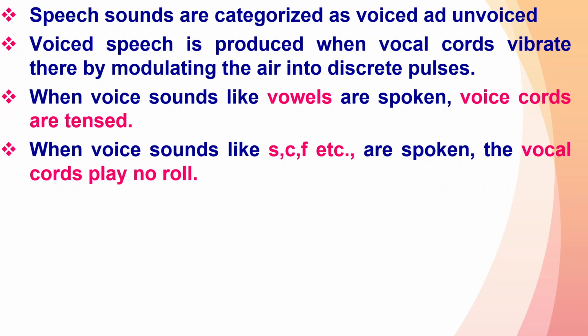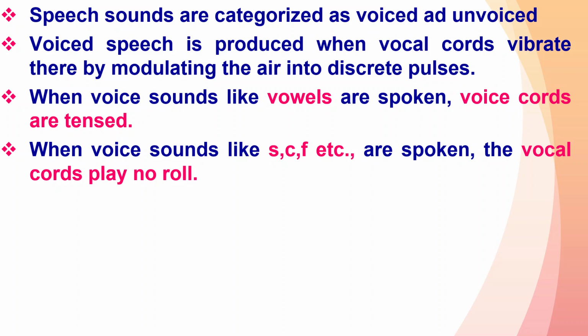Here, normally the speech sounds are categorized as voiced and unvoiced. Voiced speech signals are produced when the vocal cords vibrate, when a human being speaks, or any animal or bird. When the vocal cord vibrates, voiced speech is produced.